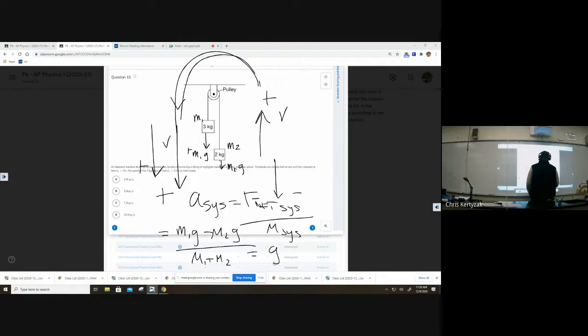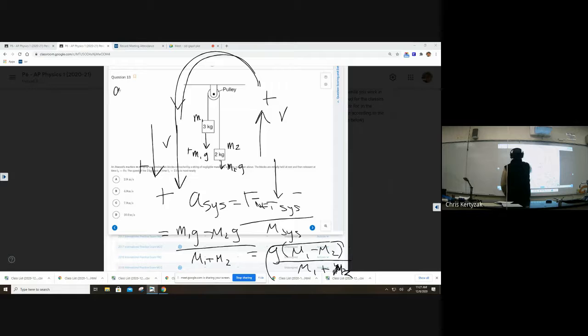Technically, you could factor out your g and say it's m1 minus m2, all divided by m1 plus m2. So a very well-known formula that you may want to at least be familiar with. Sorry, that's kind of messy in the corner there. But if we're calculating it, it's just a percentage of g.